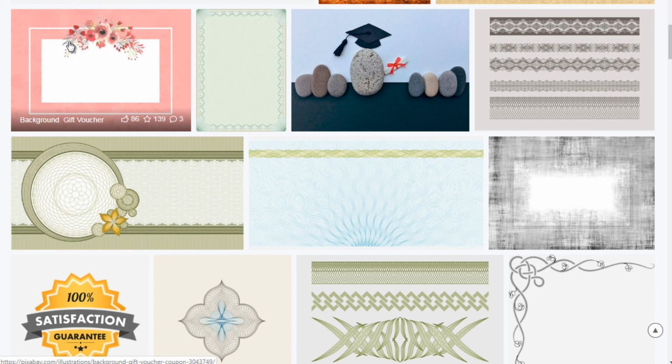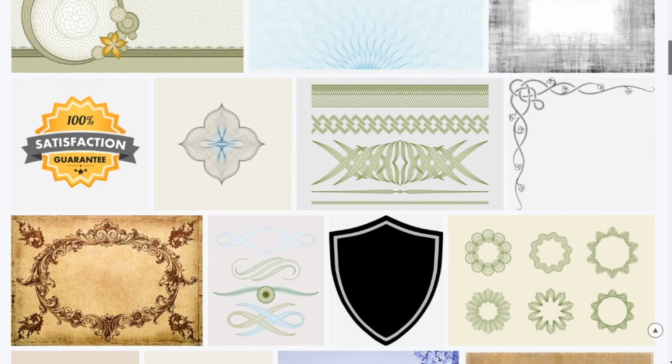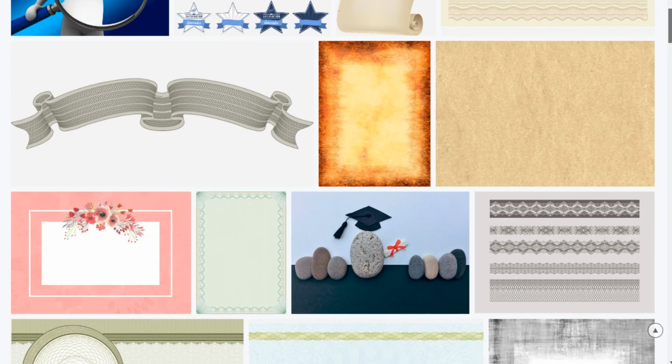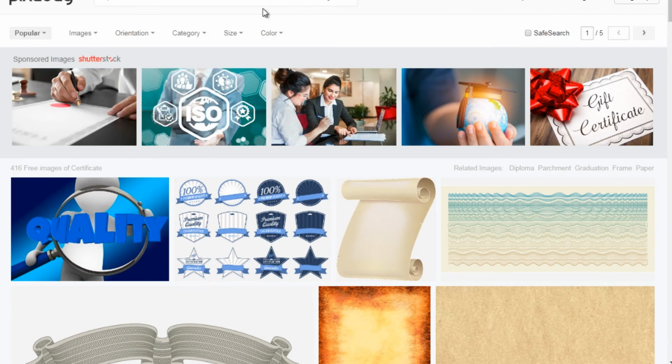So it's okay to have some words, but you do want to have some bare spots. For example, if you had a certificate that had a lot of words like this, that would not work. So all you need to do is simply download one of these. So let's go back up here.